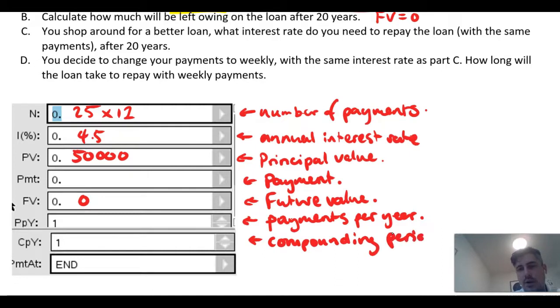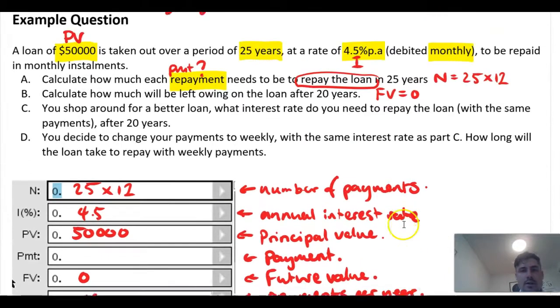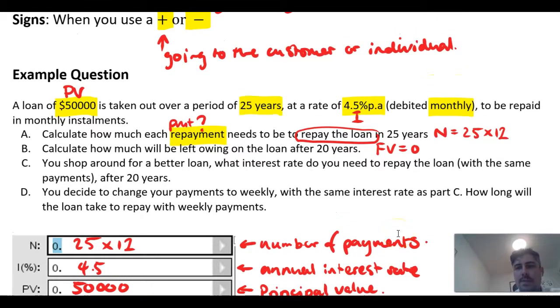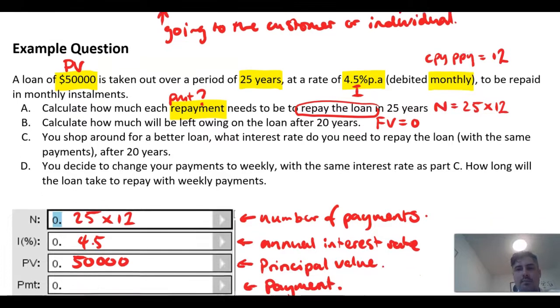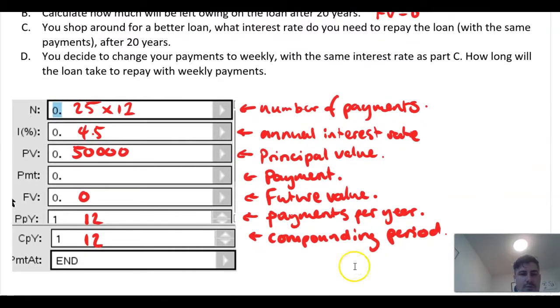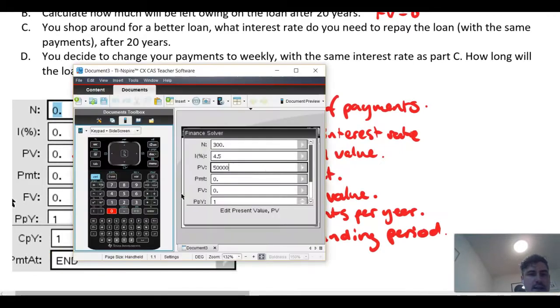So if you're on a mortgage loan, for example, they'll do it 12 and 12. Okay, and we know that CPY and PPY are 12 because of this. So CPY and PPY equal 12, and they often get done together. So once you've filled them all in, you don't have to do anything at the last box there. You just leave that as it is. So I'm just going to fill in the rest.